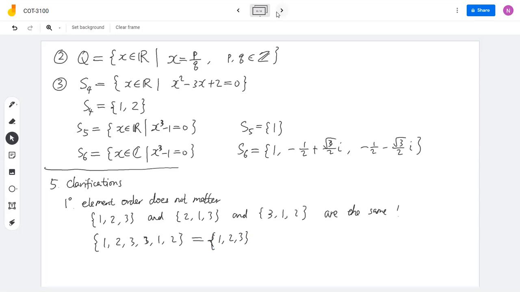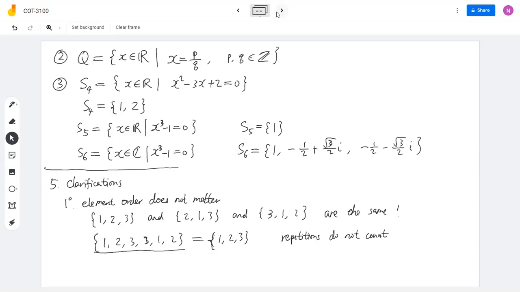Usually we don't write this way; we represent each element only once. But if someone uses this notation, it means the same thing. This is element order and repetition: they don't count, because set notation just shows that 1 belongs to this set, 2 belongs to this set, 3 belongs to this set.